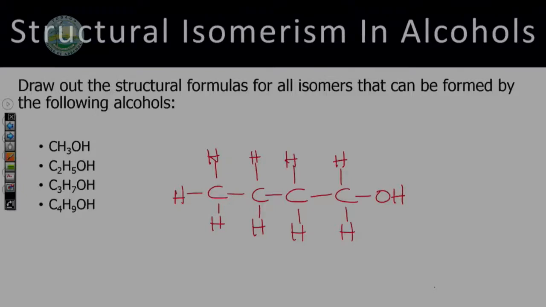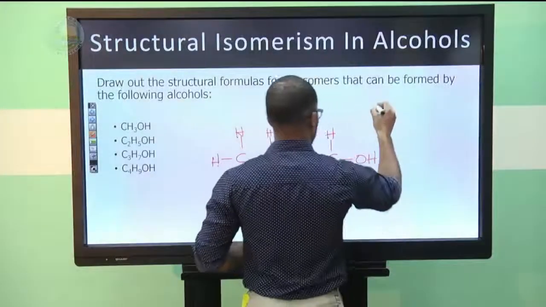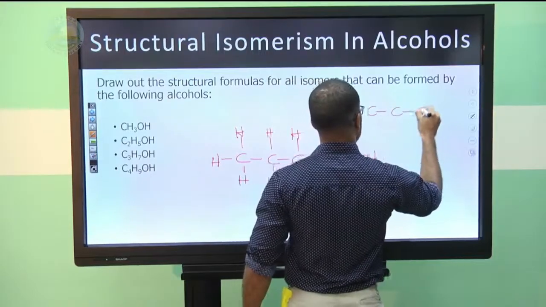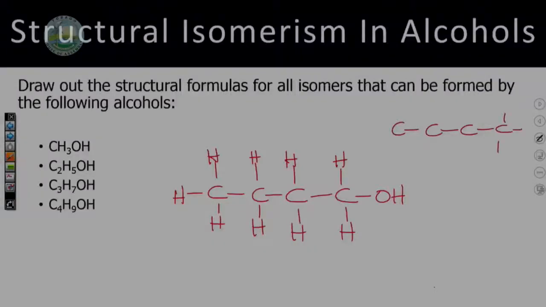So a 4 carbon alcohol, this is the first isomer that we have. So we are going to draw the second isomer, and the second isomer, of course, is going to have the 4 carbons present. And this is a very important note that I want you all to note here.